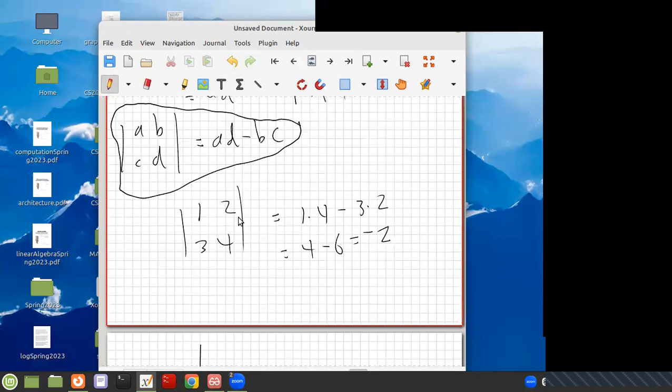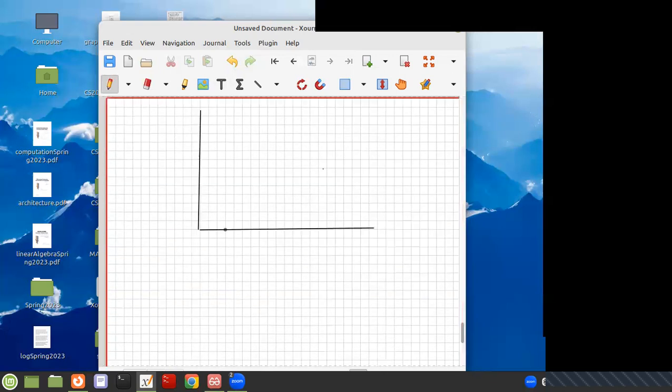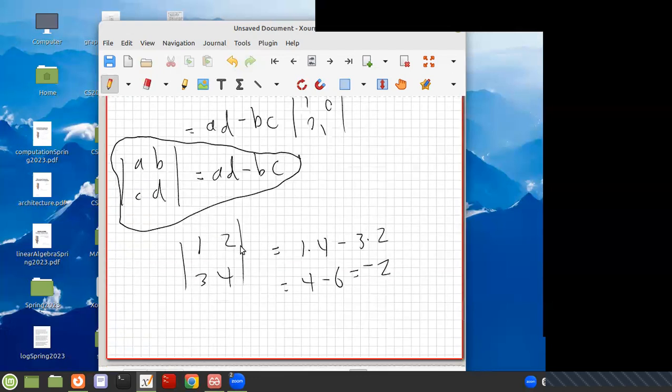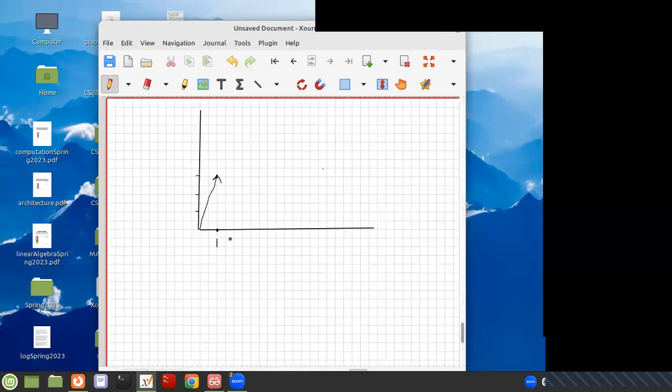It is 1, 3. Let's go over 1 here, then up 1, 2, 3. So this vector here is 1, 3. Then this one is 2, 4. I can see that's going to be a terrible choice for doing the actual geometry, because it's like a little sliver.